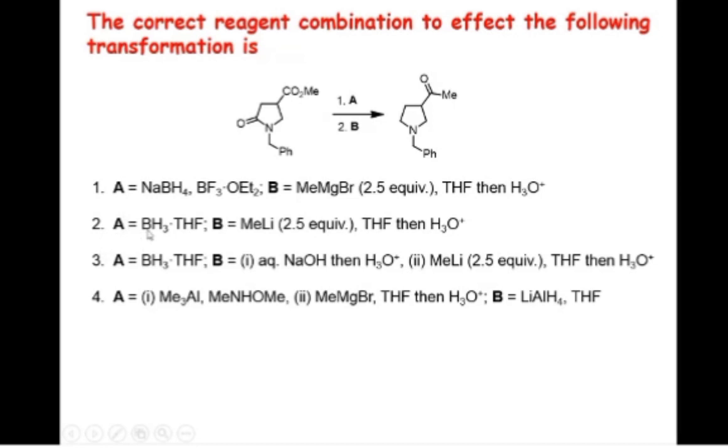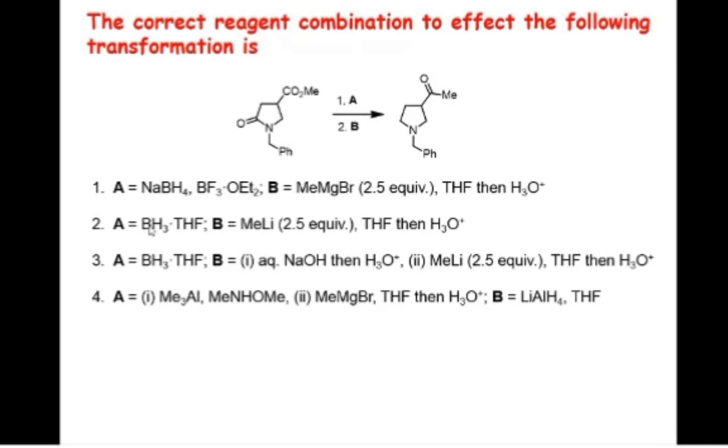Now, the second choice. In the second also, a boron THF complex is given, and one should know the applications of boron. This boron reduces amides and reduces carboxylic acids. Boron reduces carboxylic acid in presence of ester.